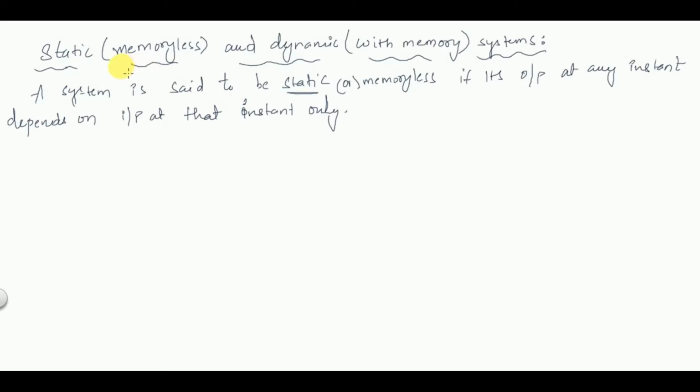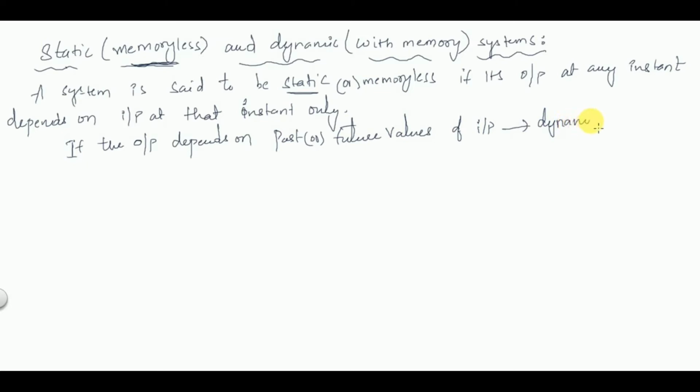Okay, since there is no storage of previous inputs or previous outputs, it is called memoryless. If the output depends on past or future values of input, then that type of system is called a dynamic system, or it is also called with memory.